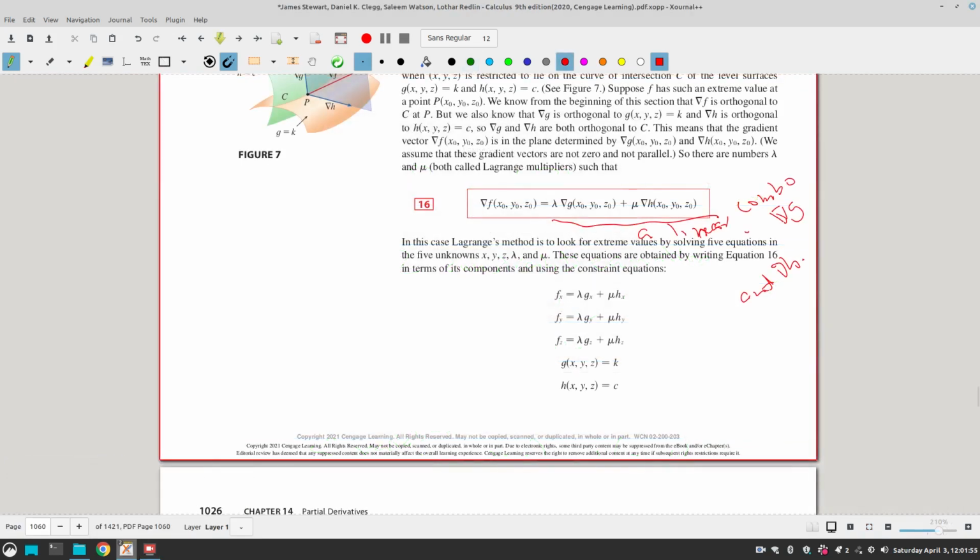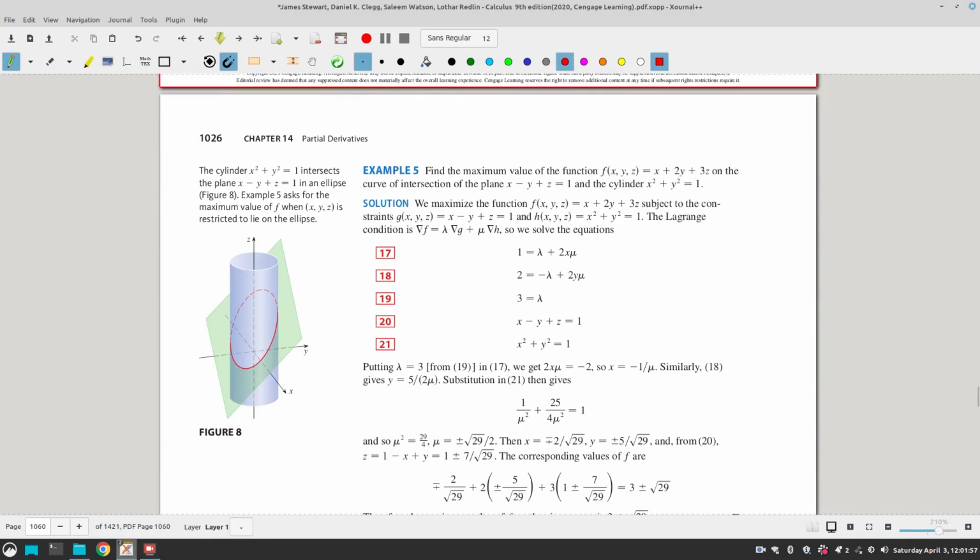So I want you to go through example 5, which asks you to find the maximum value of the function x plus 2y plus 3z on the curve of intersection of the plane x minus y plus z equals 1 and the cylinder x squared plus y squared equals 1.